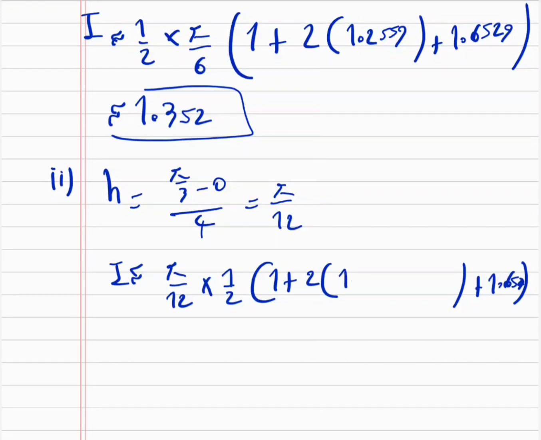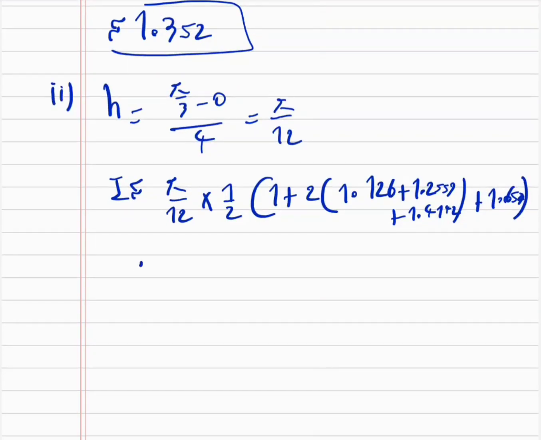So we'll have 1.126 plus 1.2559, and finally 1.4142. This gives us 1.341.